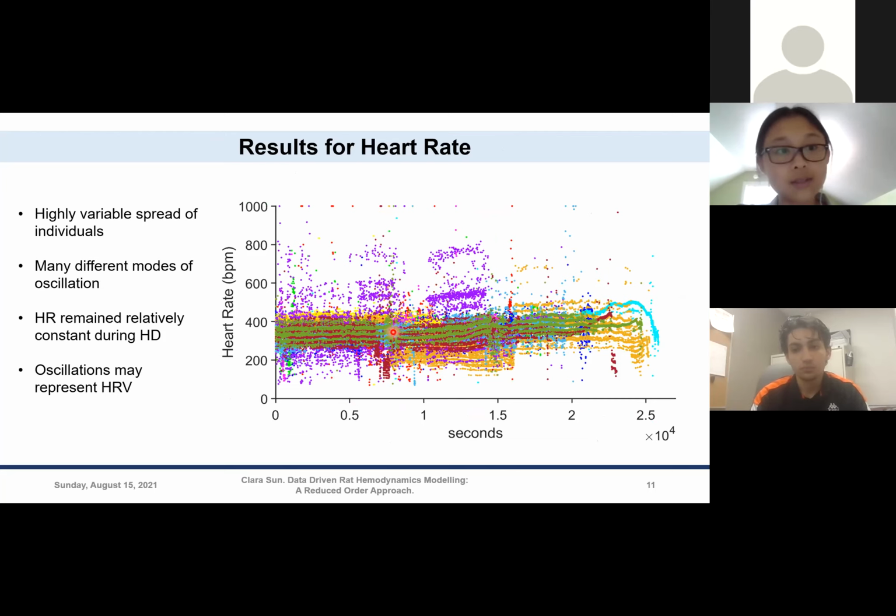Overall, aside from these individual differences in oscillation, heart rate remained relatively constant throughout HD sessions. It is also worth noting that these oscillations may represent heart rate variability, or HRV, and the change in HRV before and after HD is considered a useful clinical marker.